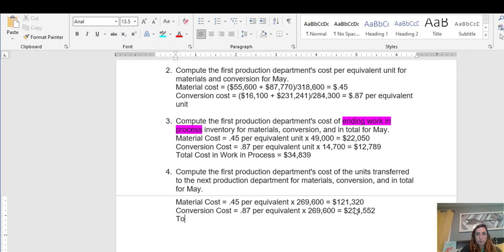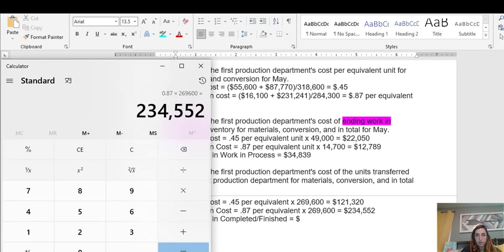My total cost would then say in the completed account, or finished goods, those two values added together, 234,552 plus 121,320, 355,872.